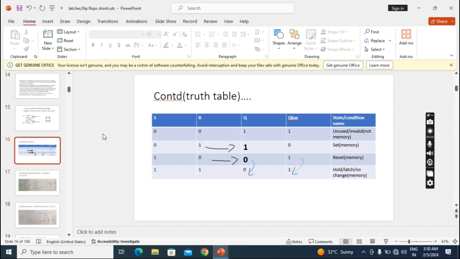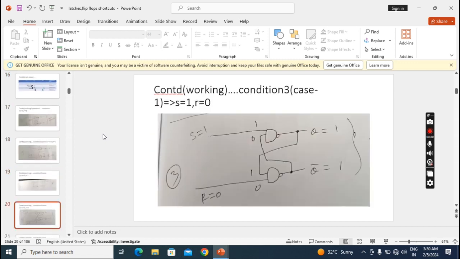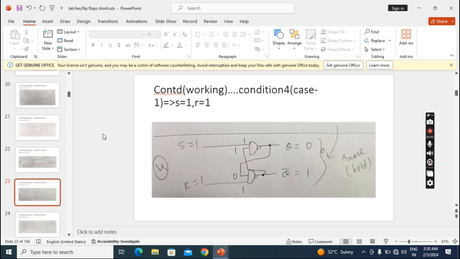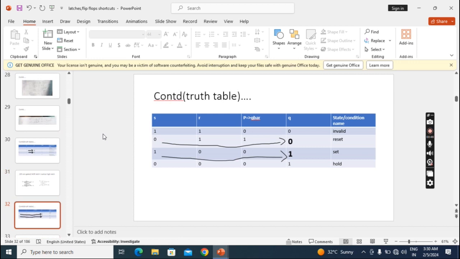And a NOR non-gated latch is called an active high latch, because if we observe the truth table of NOR, it is invalid when the inputs are high, active high, or 1, 1. So to make it useful, we have to change any one input or both inputs.